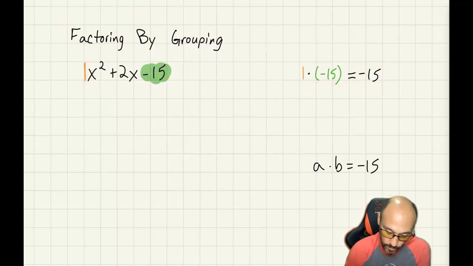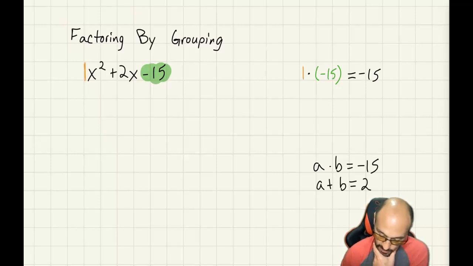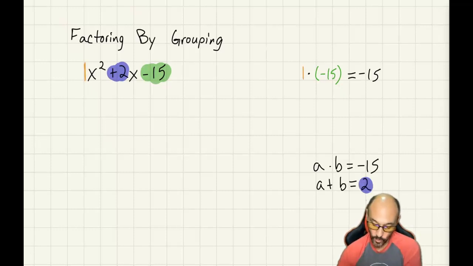So the A and the B need to equal negative 15, and when we add A and B together, they have to equal positive 2, which comes from right there. So that's where these come from. Let me highlight that negative 15 and show where it comes from.